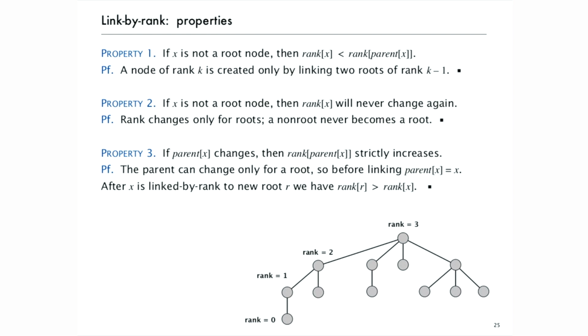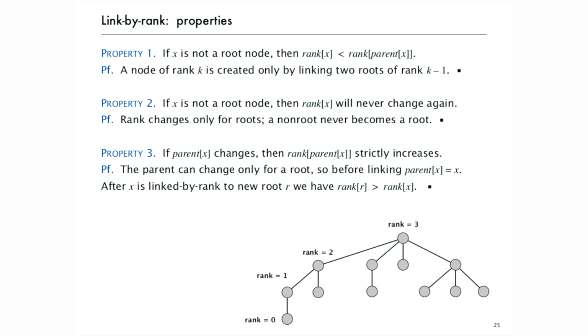The parent can only change, first of all, for a root. So before linking, parent of X is X itself. Look, the only persons whose rank changes throughout the process are roots. So when you are a root, who is the parent of this? Itself. So that is the rank itself.